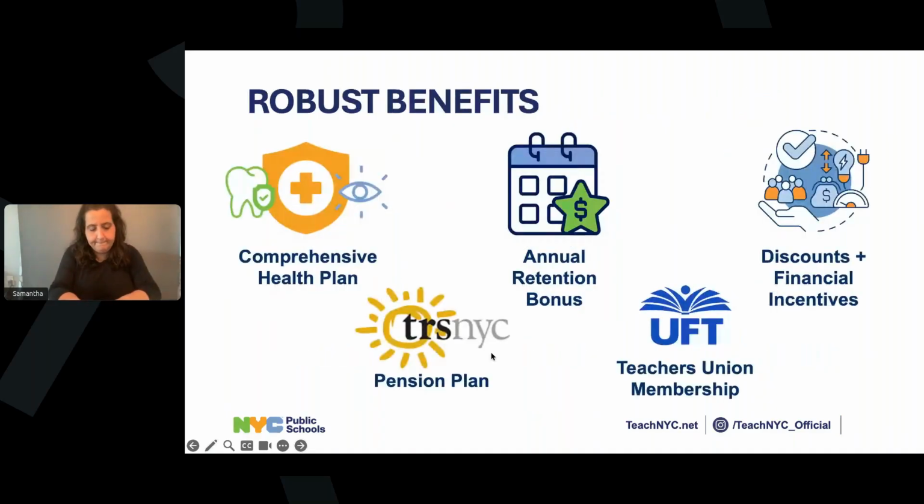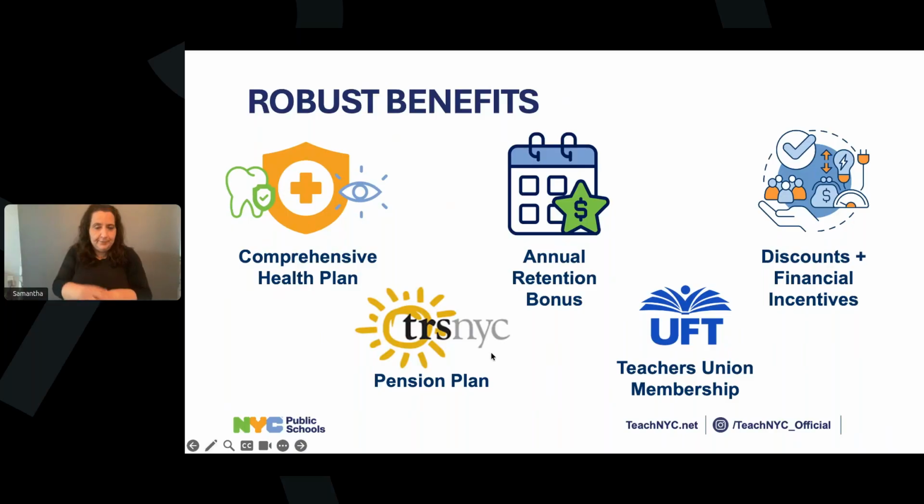Now, there's some robust benefits. There's a comprehensive health insurance plan. This includes dental, vision, and prescription drugs. And some of these plans require no employee contribution. There's an annual retention bonus, which is prorated during your first year and increases each year.